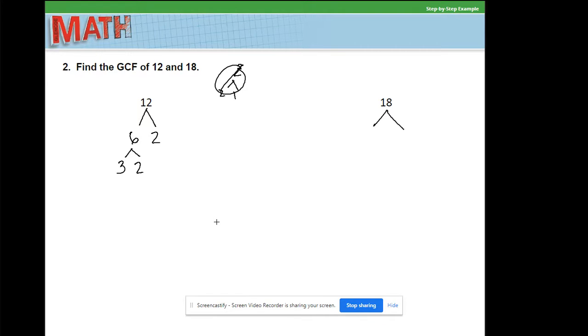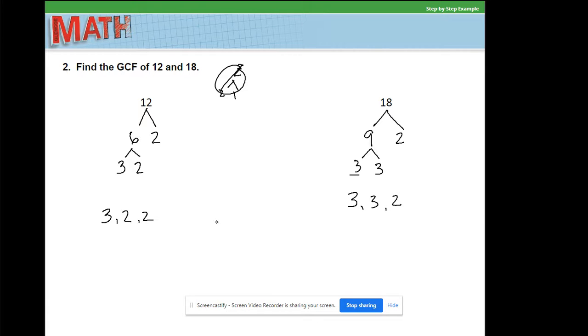Okay, if we have 18 over here, let's say 9 and 2. Break that down to 3 and 3. Again, this is the lowest we can go. Do not try to break down 3 again by doing 3 times 1. So if we take our numbers, we have 3, 2, and 2, and over here we have 3, 3, and 2.